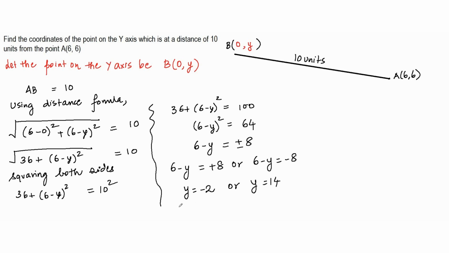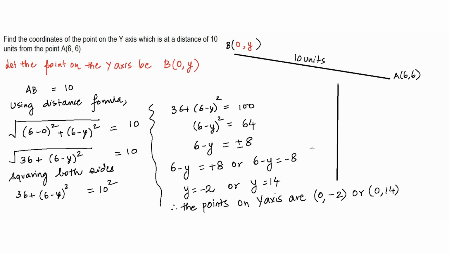Therefore the points on y-axis are (0, −2) or (0, 14). So there are basically 2 points on the y-axis that are at a distance of 10 units from (6, 6).